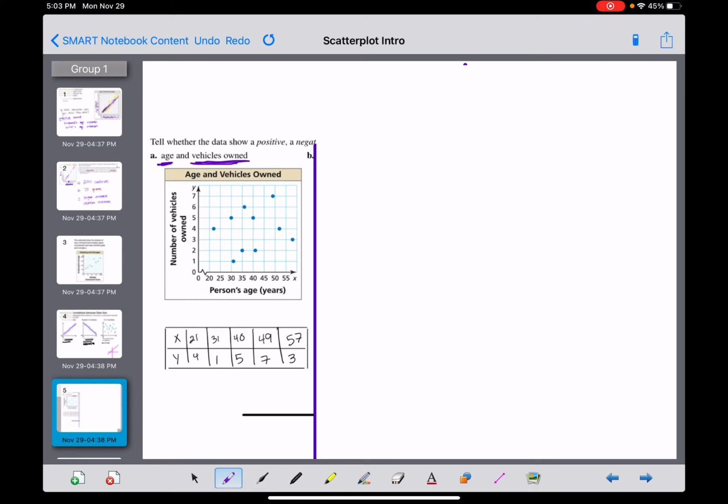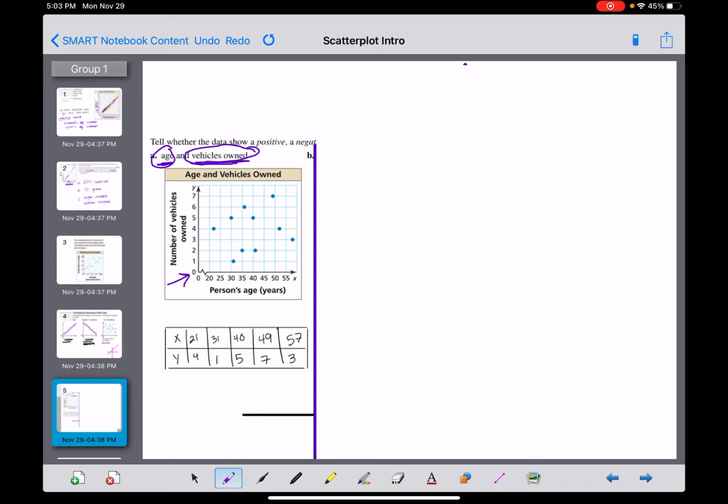The coordinates are way too far apart to have a line of best fit, which makes sense. How old you are has nothing to do with how many vehicles you own. You can be 16 and own 20 vehicles. You can be 55 and own 1. So there's no exact science or relationship between the data points, and no line of best fit.